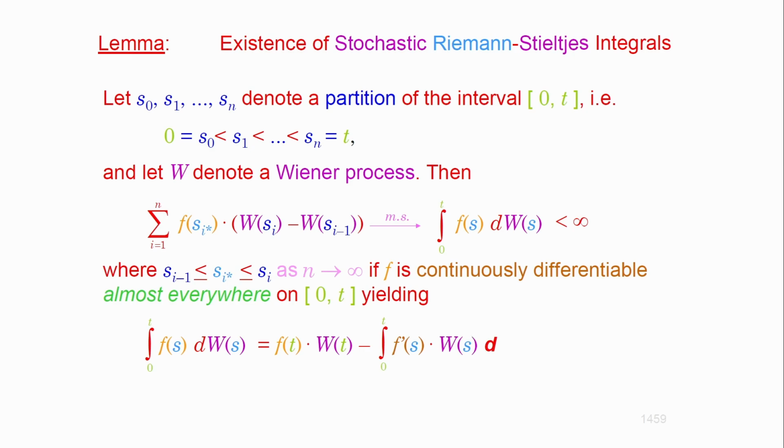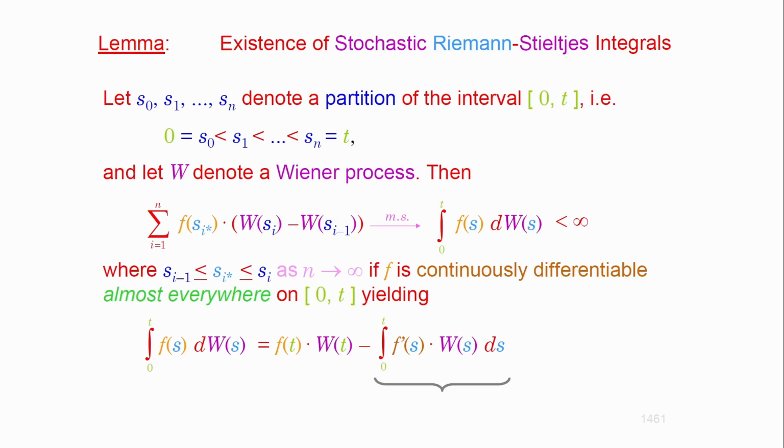And what you see here, and I want to remind you of that, is a regular stochastic Riemann integral. This is just a sufficient condition, not a necessary one, but it's at least a sufficient one.